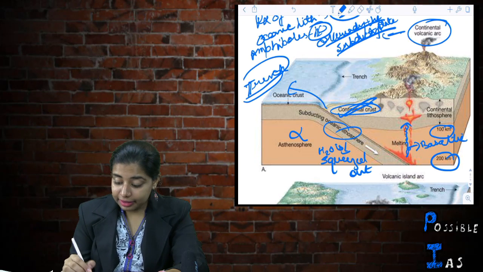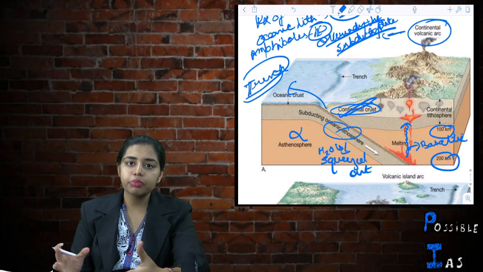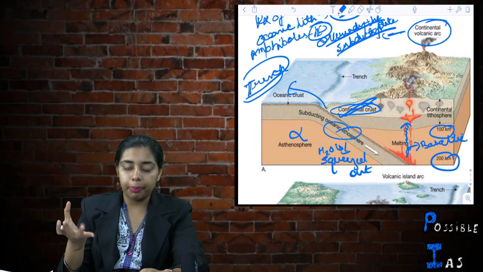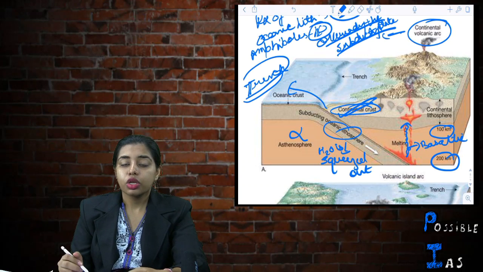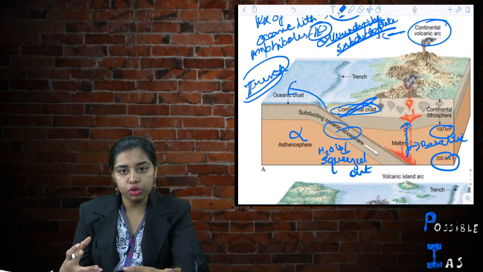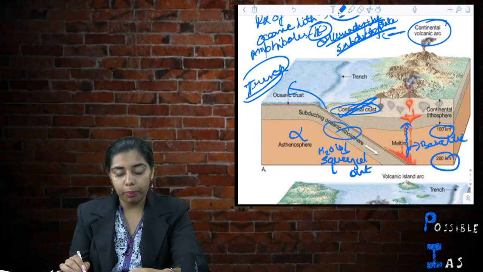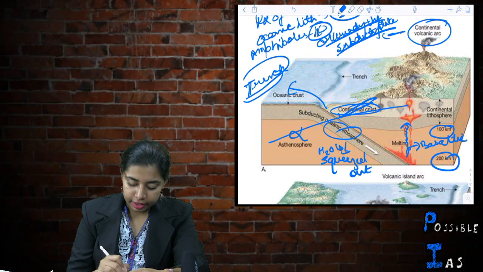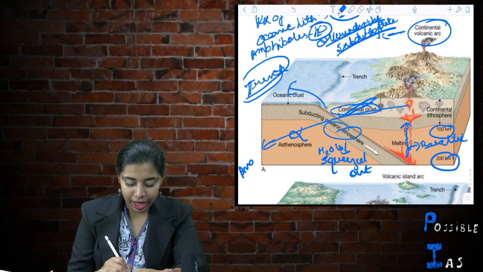But this molten material becomes warm and buoyant, so it moves up through the continental crust, and obviously it will melt some portion of the continental crustal rocks also. So the magma that finally reaches the top changes in composition from basaltic, and it becomes more andesitic.